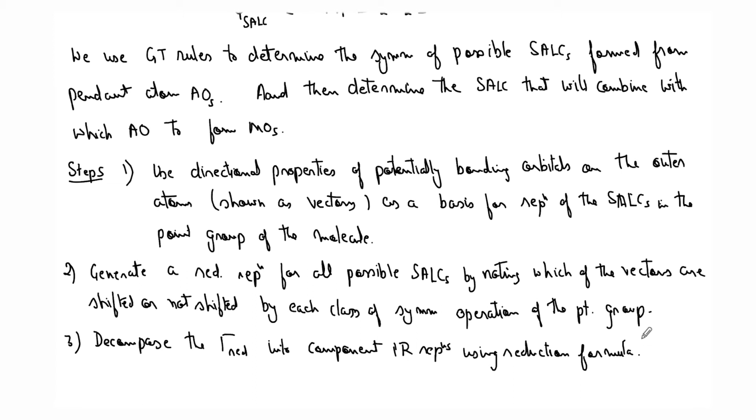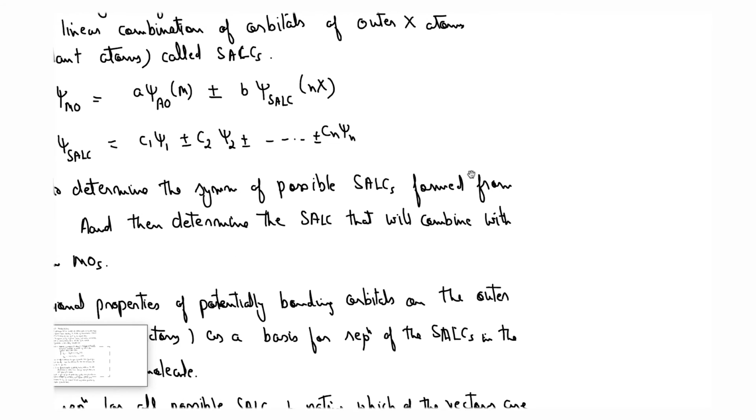If it is an easy case, you can simply do it by inspection of the character table, like we did in the case of D infinity h, where using the reduction formula was not as feasible, so we simply did it by inspection.